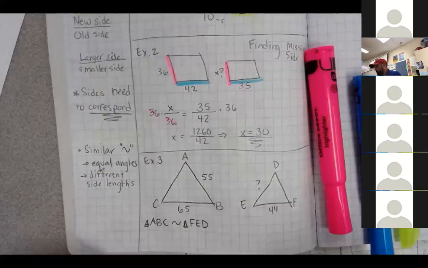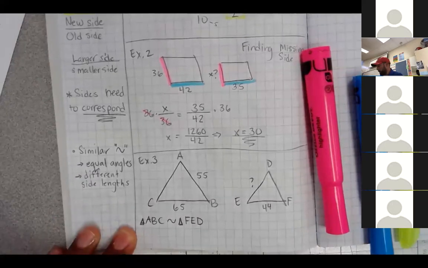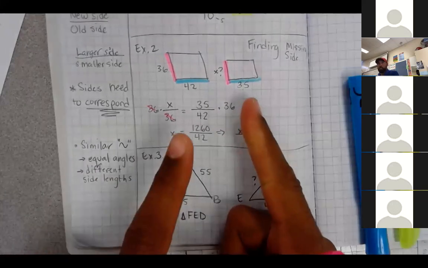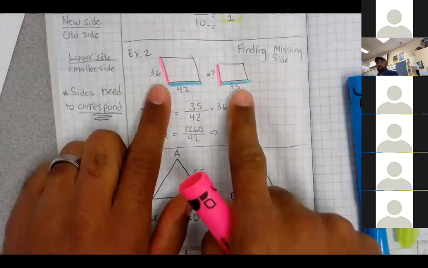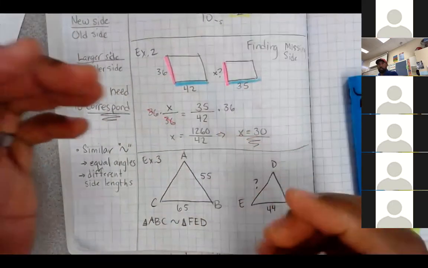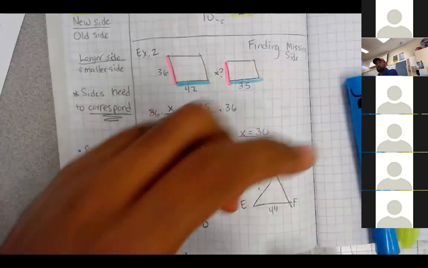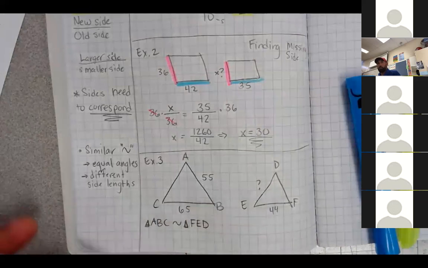All right, so here again, we want to identify corresponding sides. So here's the deal though. In these ones, that was easy because there's no letters labeling them, and they were just oriented the same. So you can imagine, if this was turned a different direction and it didn't look the same, you wouldn't know what side corresponds to what.